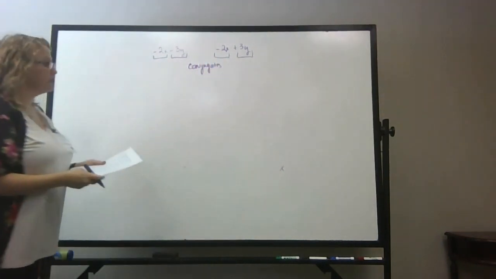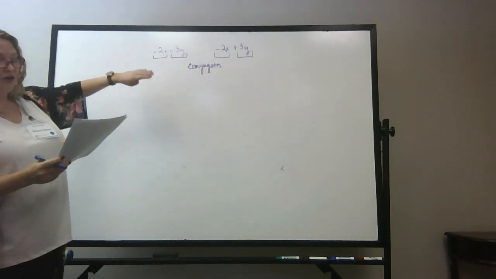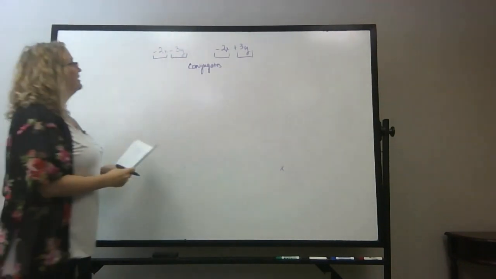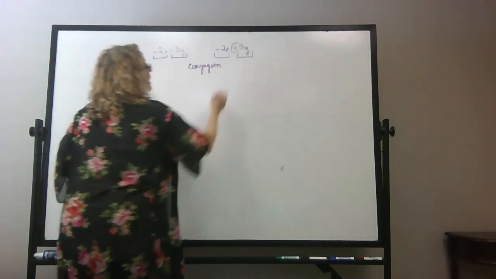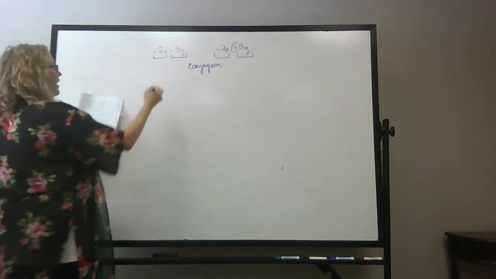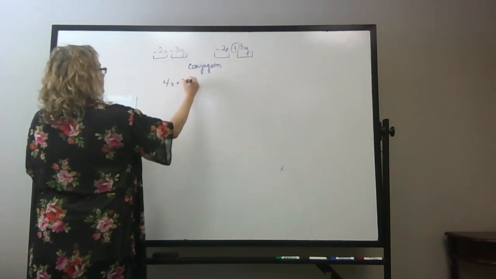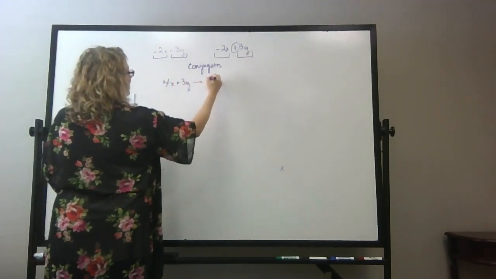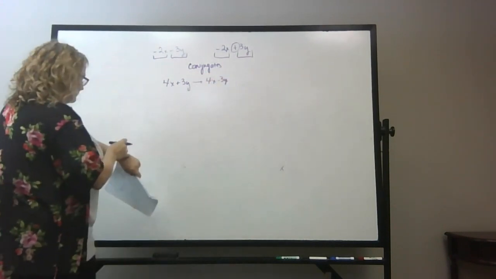Conjugates are two expressions with the same terms, but a different second sign. So everything is the same in the conjugates, except the second sign is different. If I've got 4x plus 3y, the conjugate is going to be 4x minus 3y, right?